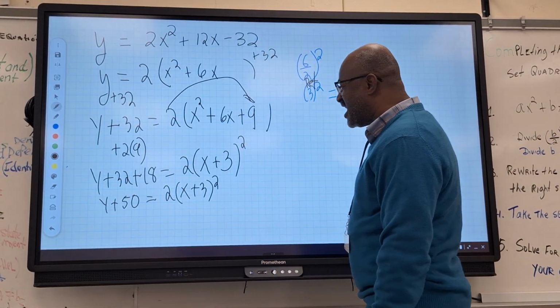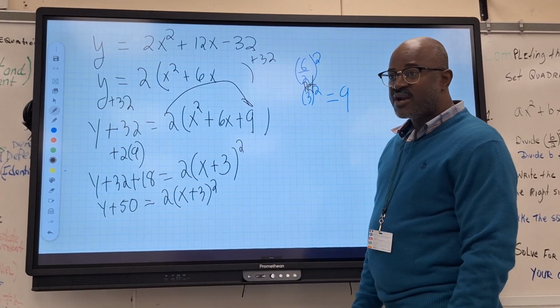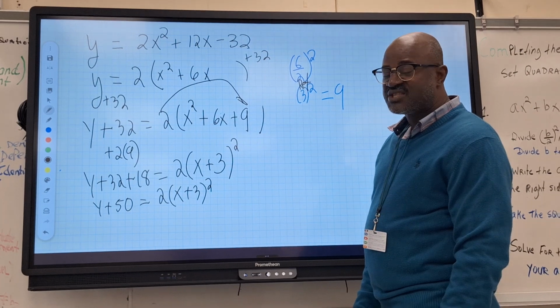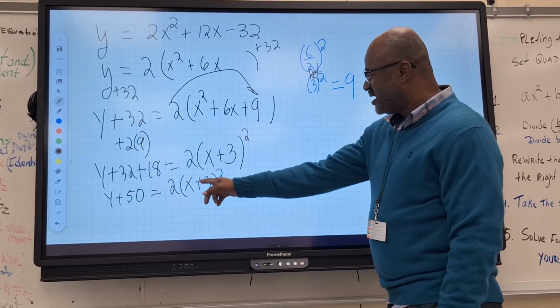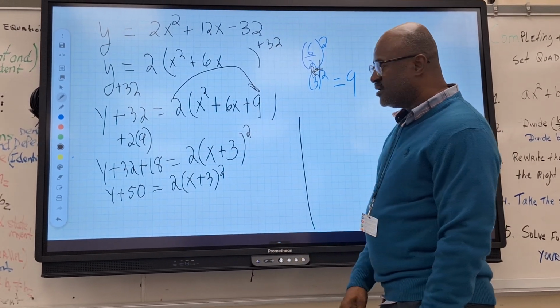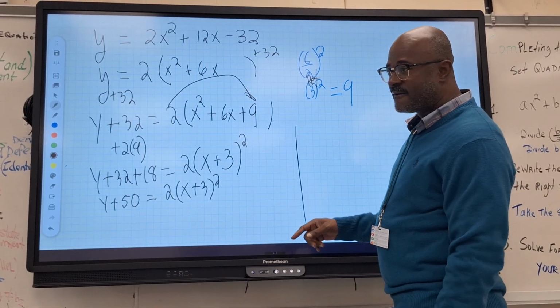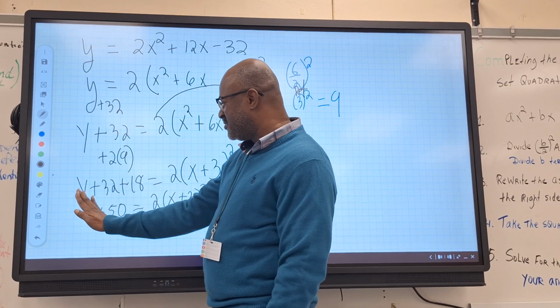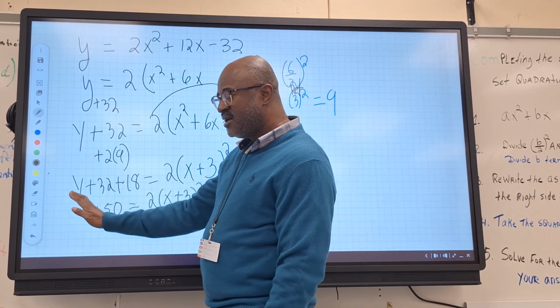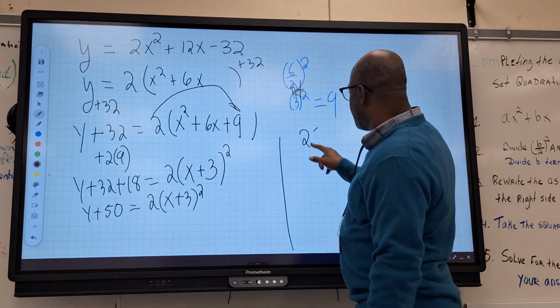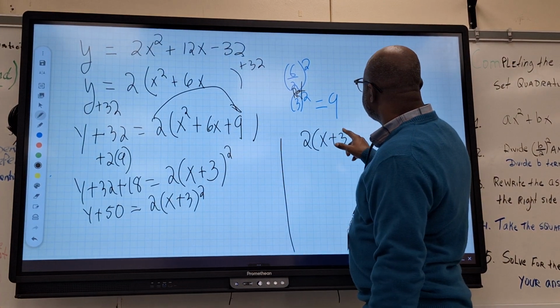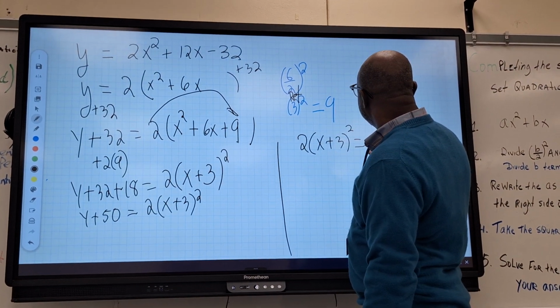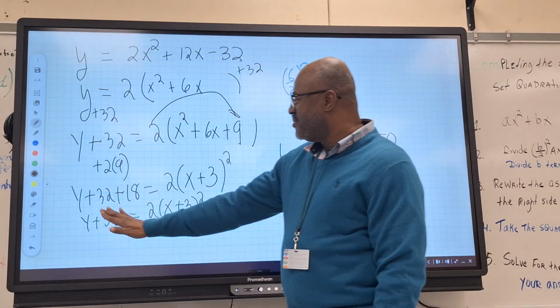Right? We're almost there. Your goal is to get y by itself, then it's going to be in vertex form. So we're going to rewrite this again. Your objective is to kill 2 birds with one stone. The other one is to find your x-intercept. This is going to be 0, right? Then you will have 2 times x plus 3 squared is equal to 50 because y will be 0.